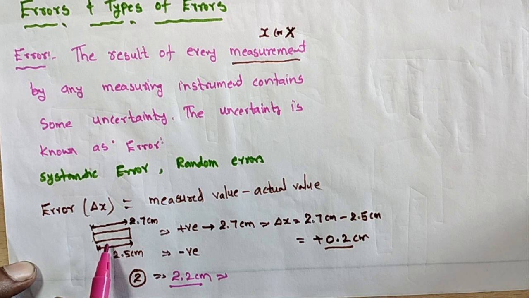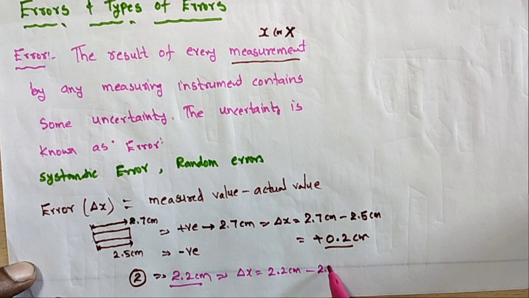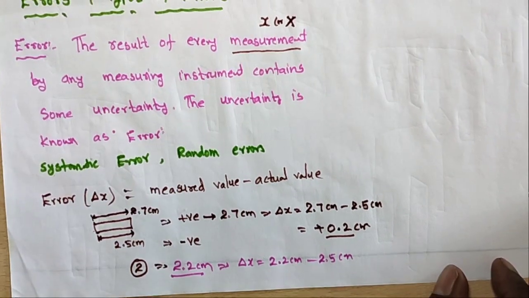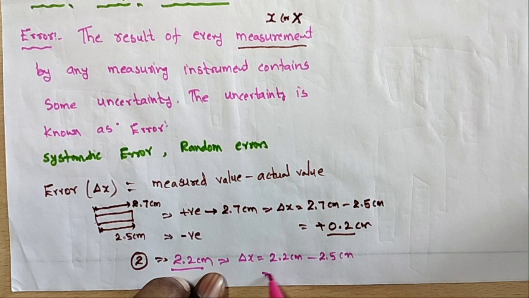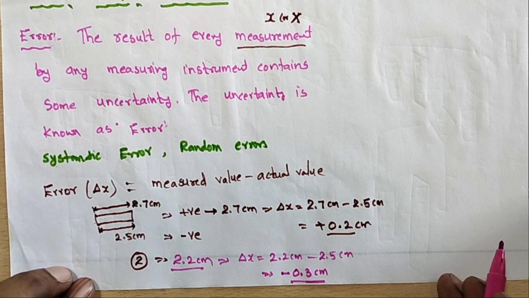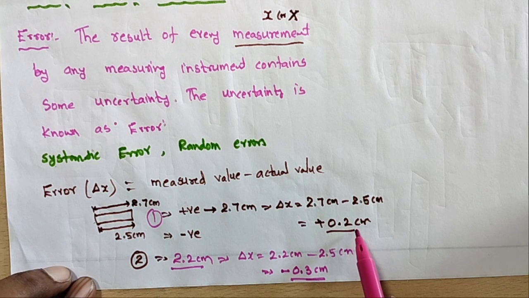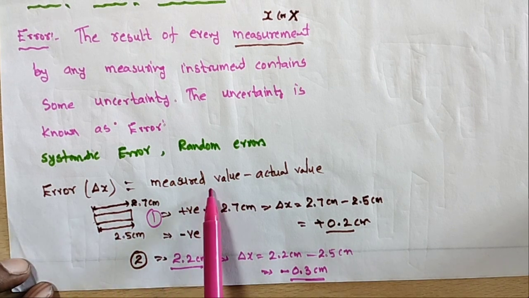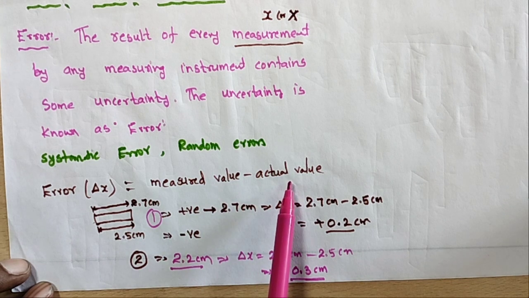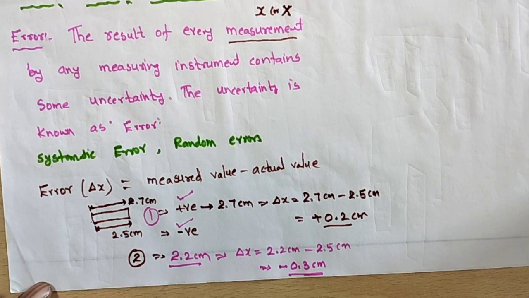Delta x is equal to the measured value, 2.2 centimeters, minus the actual value, 2.5 centimeters, which is minus 0.3 centimeter. So the second student's error is minus 0.3 and the first student's error is plus 0.2 centimeter. Therefore, the error is the measured value minus the actual or real value.